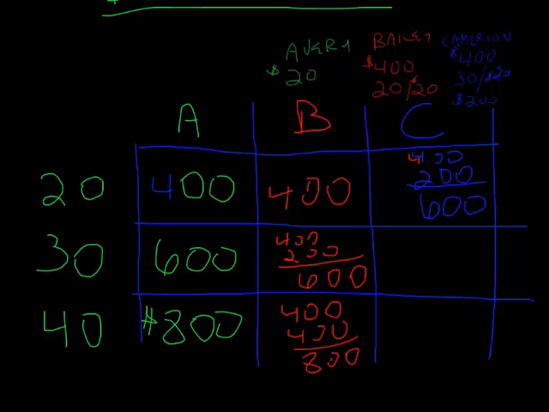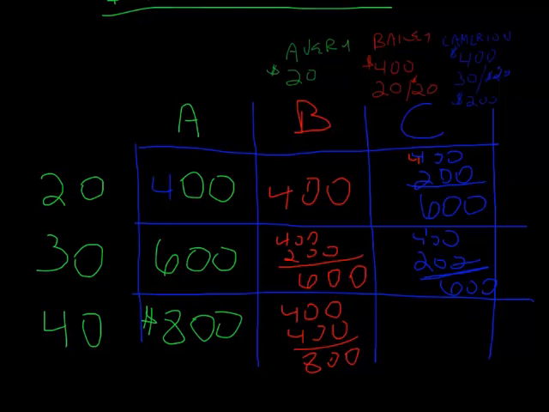All right, let's look at 30 sessions. Again, you're going to get the 400. You're going to get the 200. Now, did we exceed more than 30? No, we didn't. So they stay at 600. No changes there. Let's look at what happens with 40 sessions.